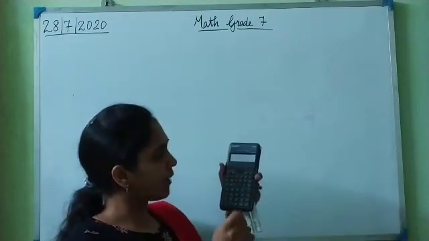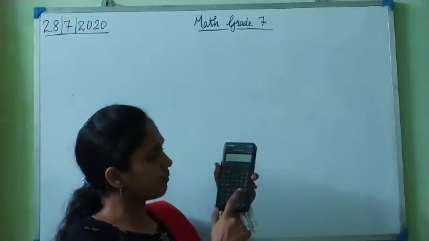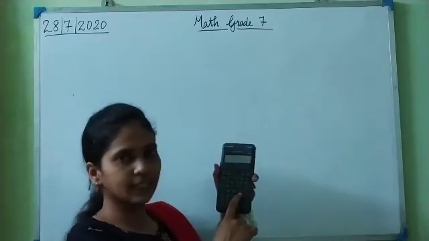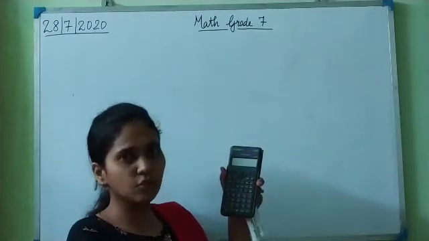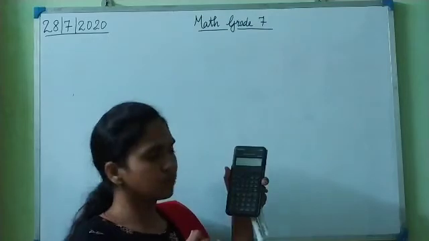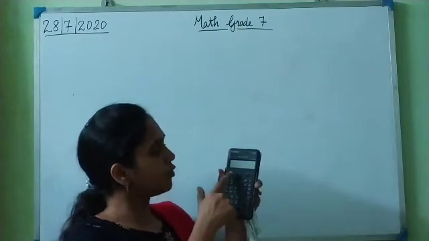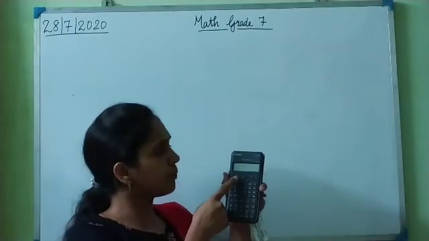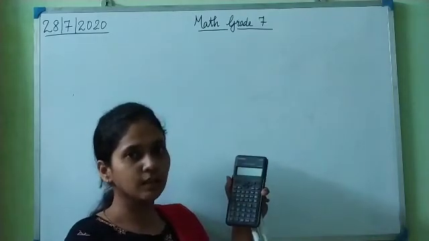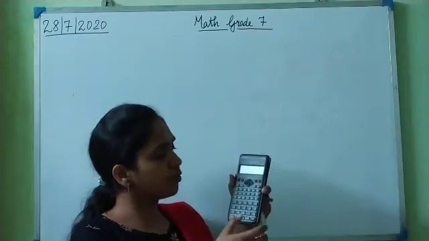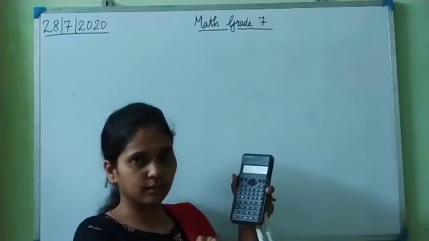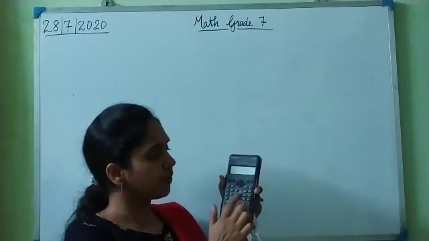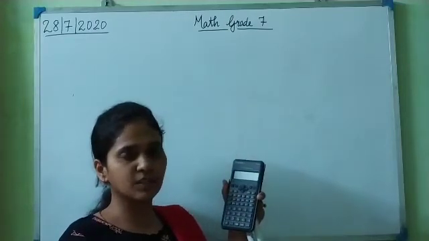And if we want to access the pink color buttons, here the pink buttons are DEL, that means delete, and AC means all clear. If we want to use these two buttons, then first we need to press alpha, which is in pink here, and then the pink keys will work. And if we want to use the yellow color keys, then we need to press shift first, and then the respective keys, whichever we want.